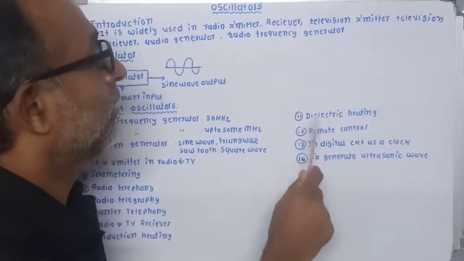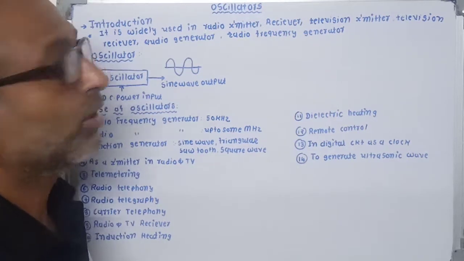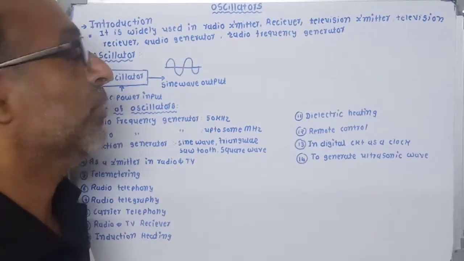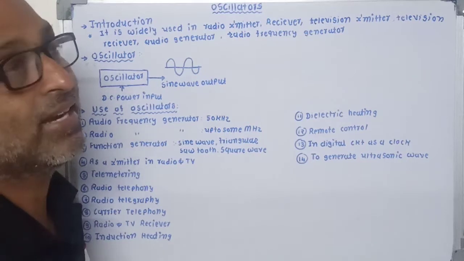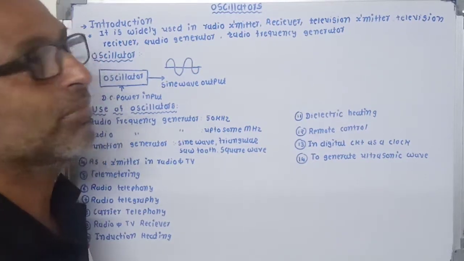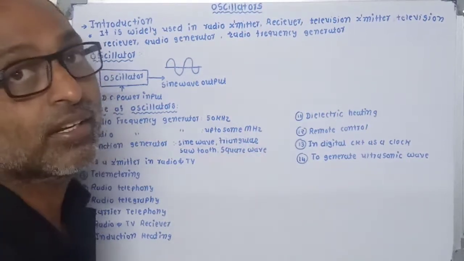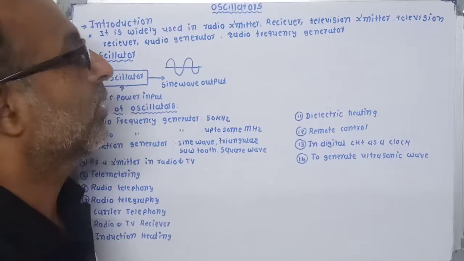Eleventh, dielectric heating. Heating of insulating materials requires voltage at different frequencies, approximately in megahertz. For that, the oscillator is used to generate this frequency.